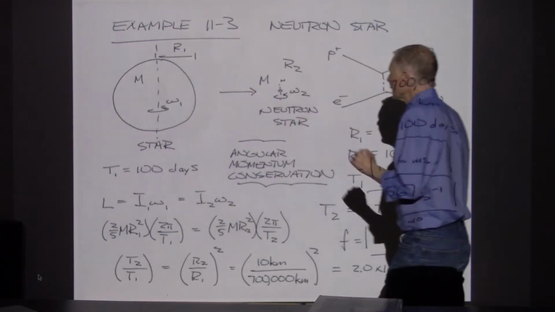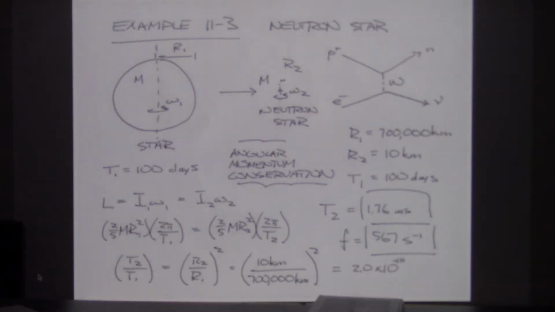Now something I should point out here, I guess, we are assuming that these spherical objects like the sun and the star and the earth, the rotational inertia is given by 2/5 mr squared. That's not really accurate entirely because they're not uniform density.